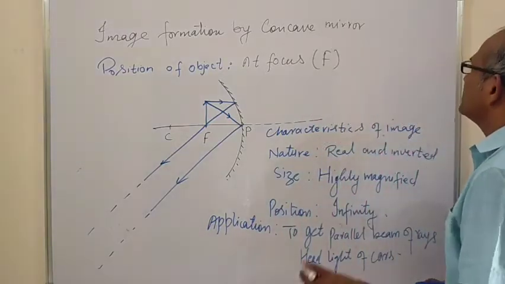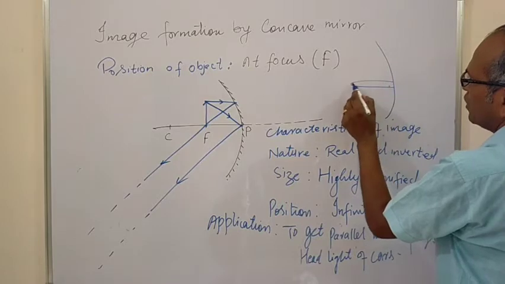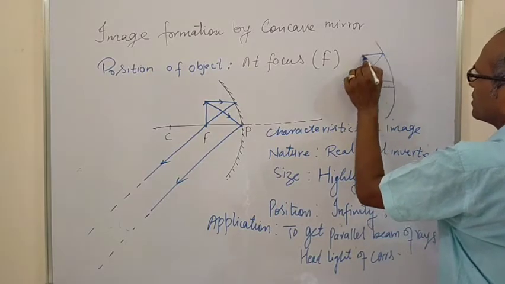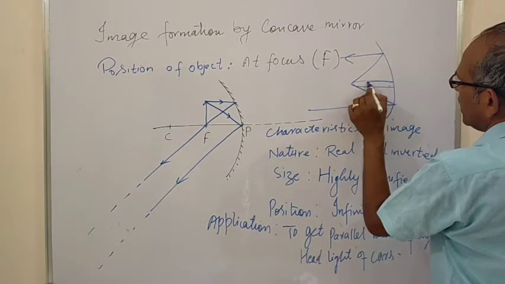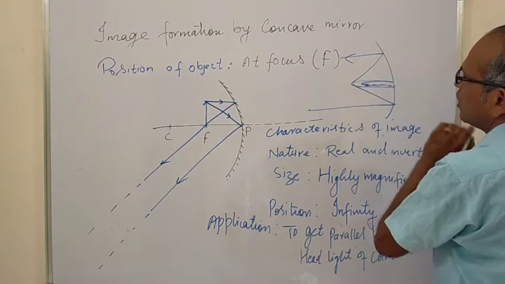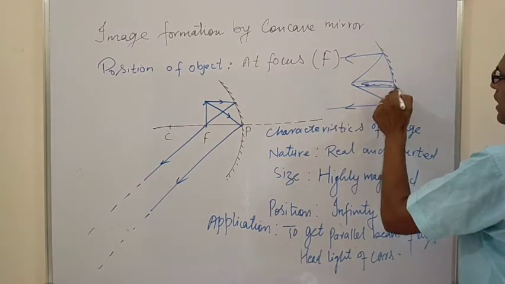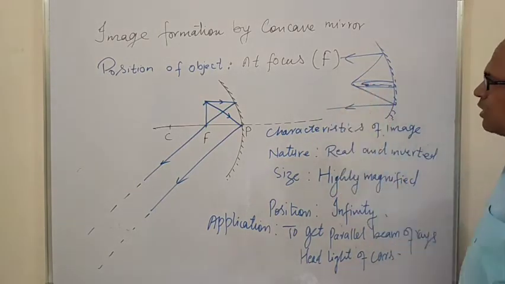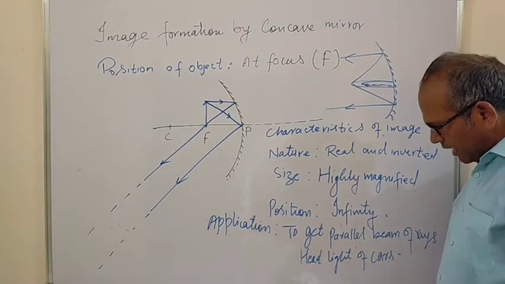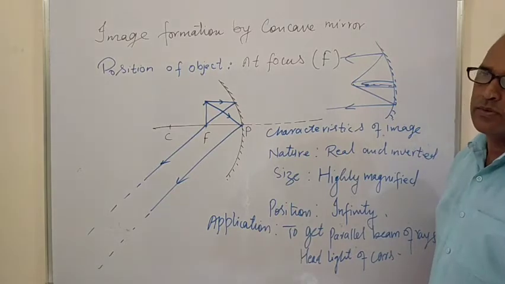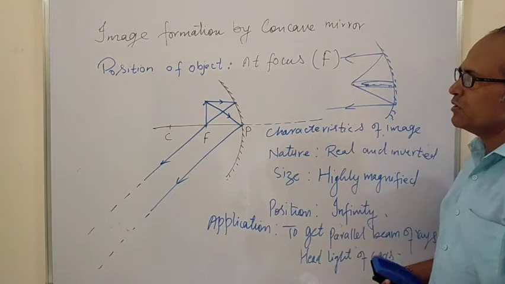So rays of light in the headlight fall on this and they become parallel. So the car is able to throw parallel beam of rays. So this is how this concept is used in designing the headlights of car. Okay, headlight of car is based on this concept, students.